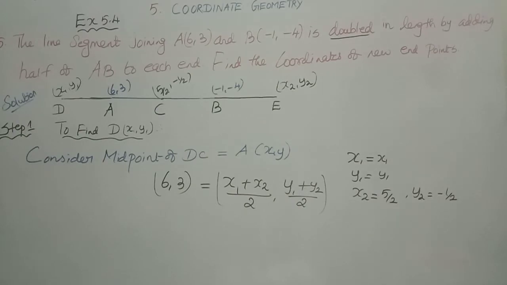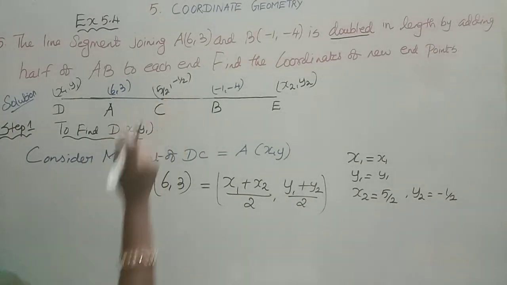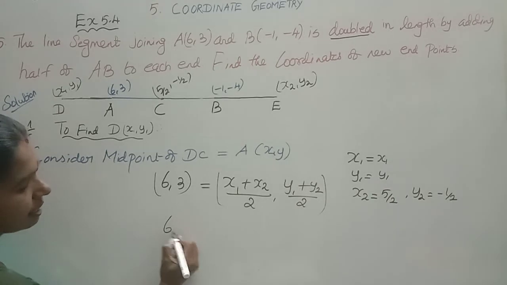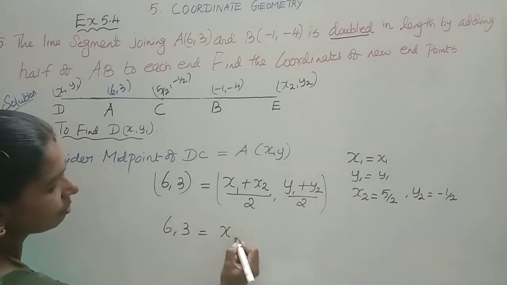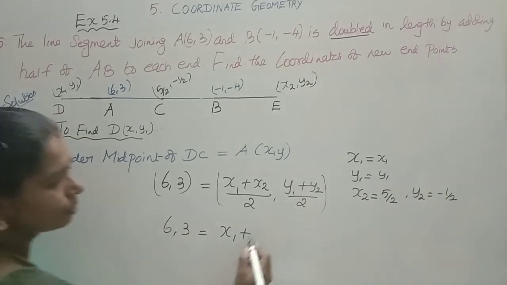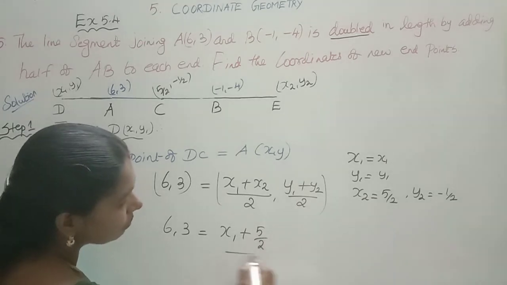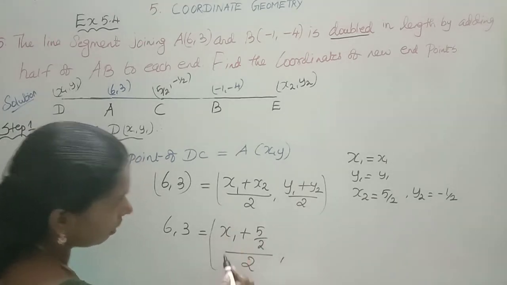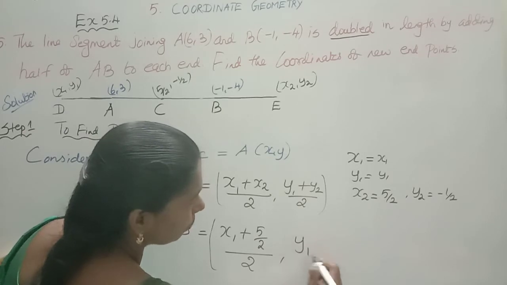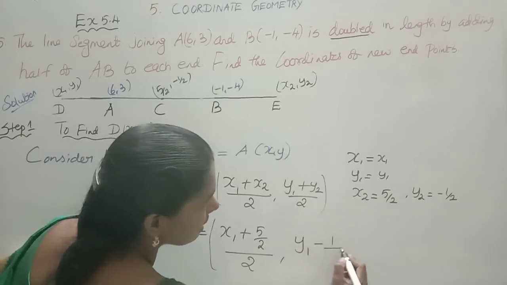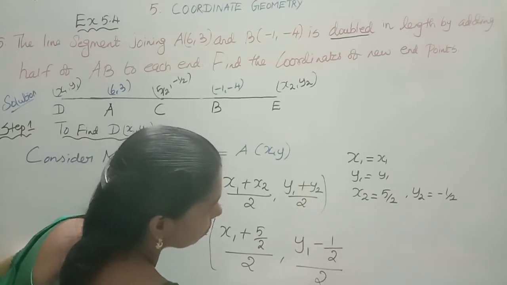So 6, 3 equal to x1 plus 5 by 2, by 2, comma, y1 plus minus 1 by 2, by 2.